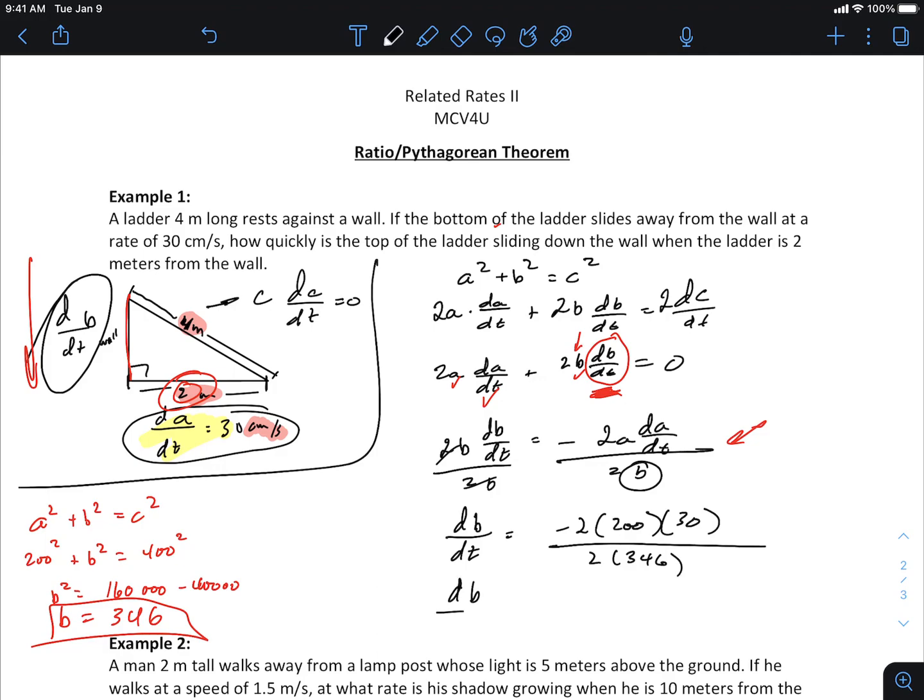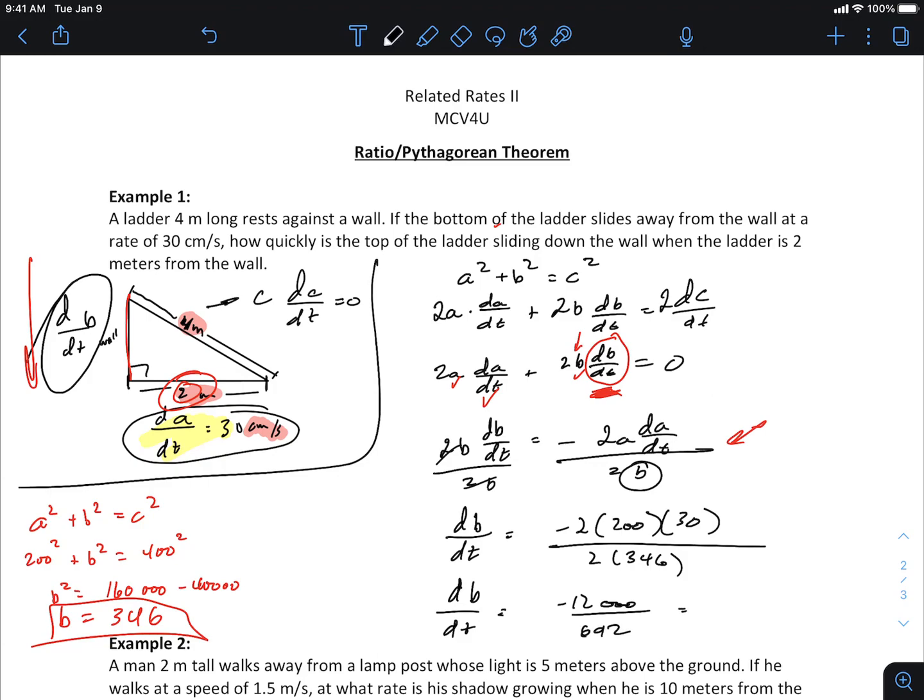If I type this into my calculator, dB by dt is negative 12,000 divided by 692.